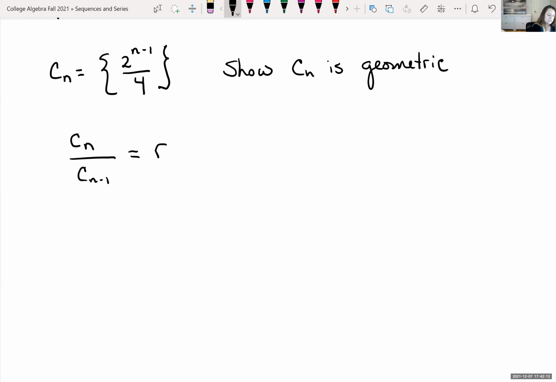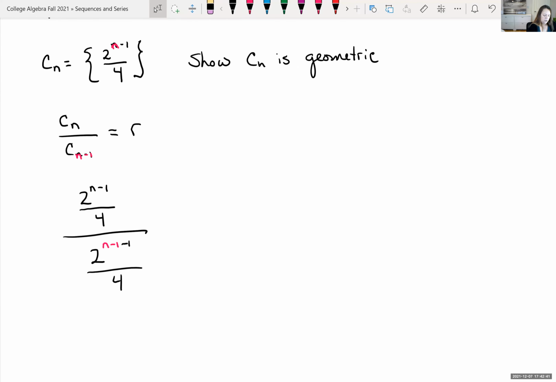So we know what our c sub n term is from above. That's 2 to the n minus 1 all over 4. And this is divided by, now if we plug in n minus 1 wherever we see that n, 2 raised to the n minus 1 power, and then minus 1, all over 4.